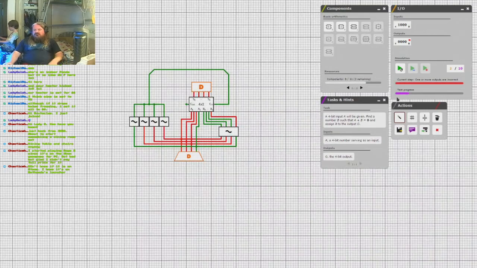See, I don't understand this. See, how can that be incorrect?